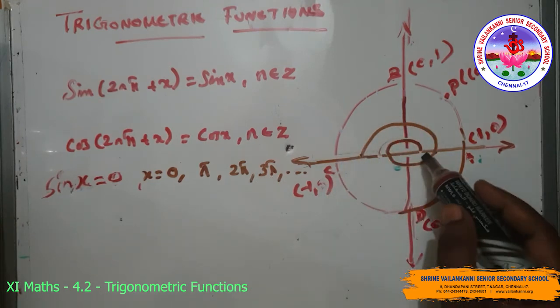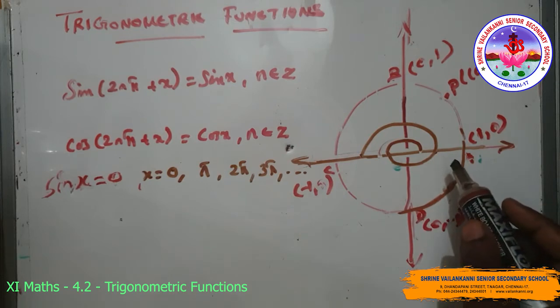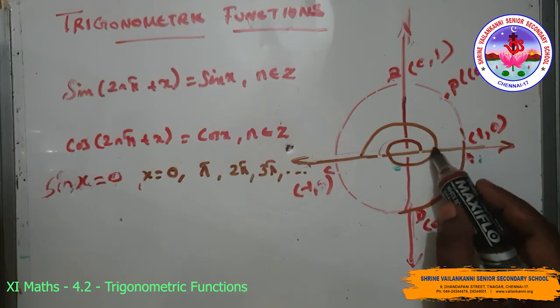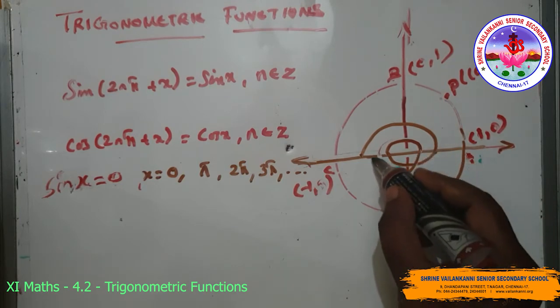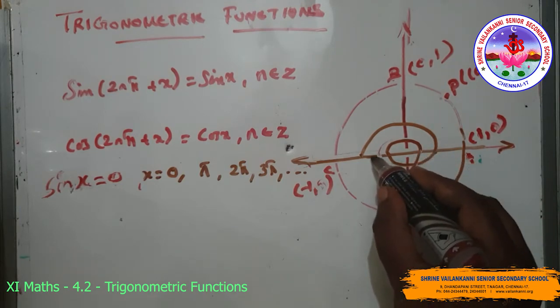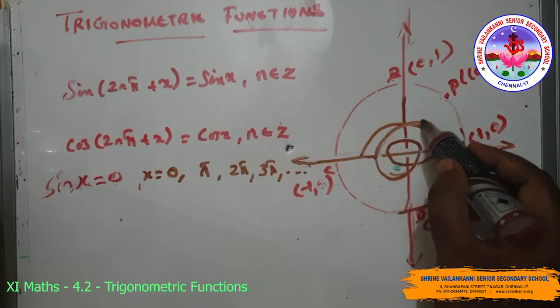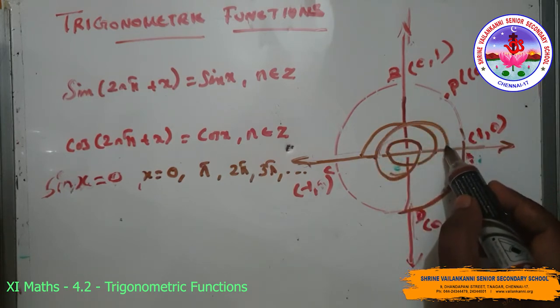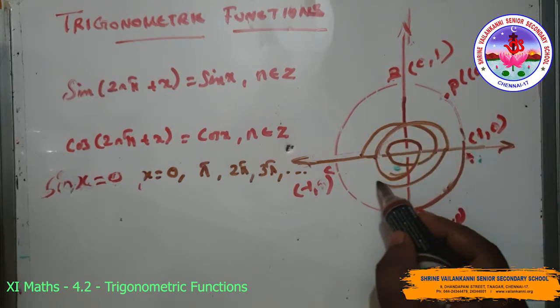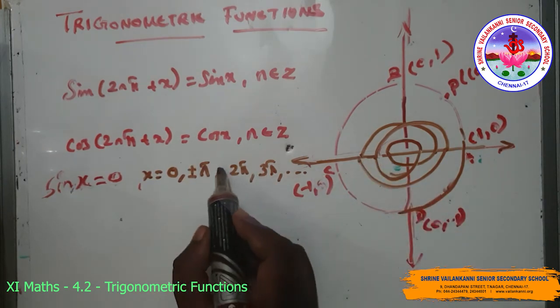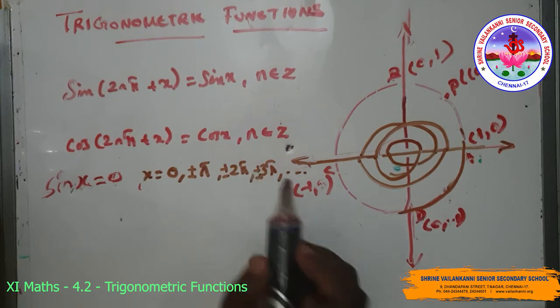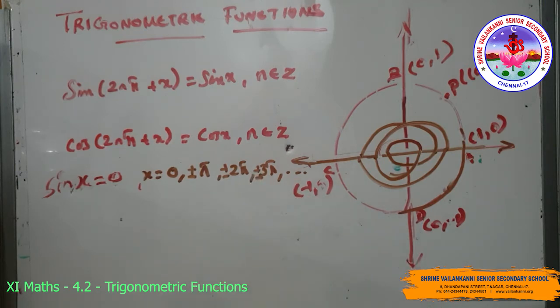So x is 0, pi, 2 pi, 3 pi when it revolves in the anti-clockwise direction. When it revolves in the clockwise direction, sin x is 0 when x is minus pi, minus 2 pi, minus 3 pi. So we get x is equal to 0, plus or minus pi, plus or minus 2 pi, plus or minus 3 pi, and it goes on.